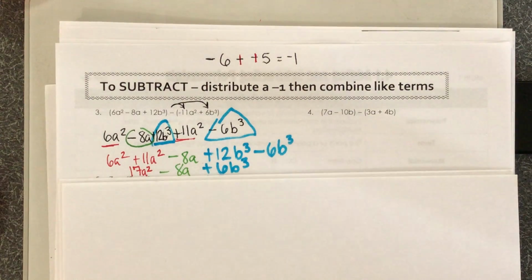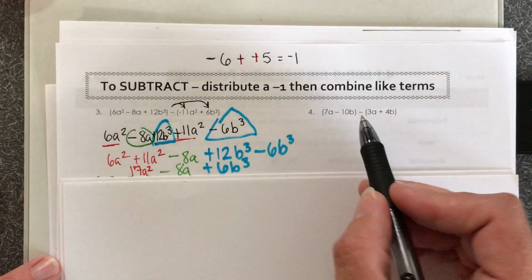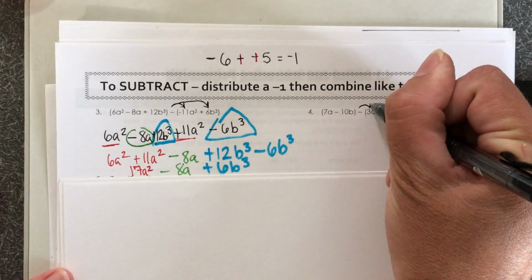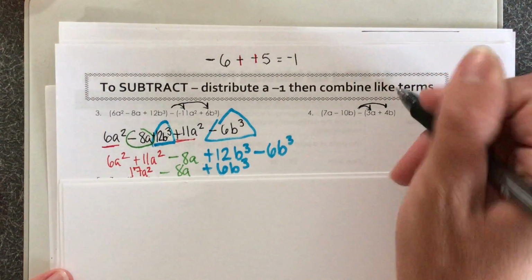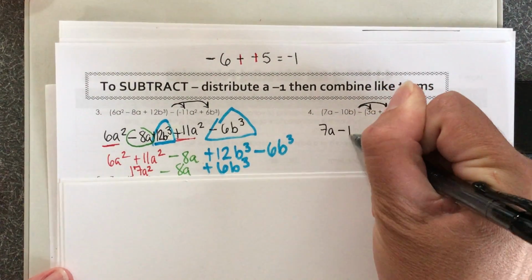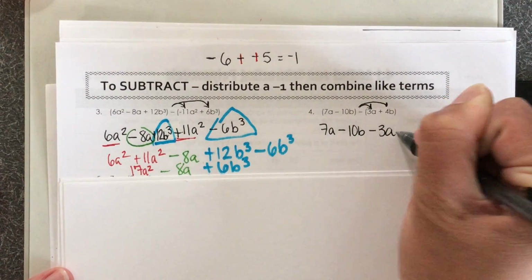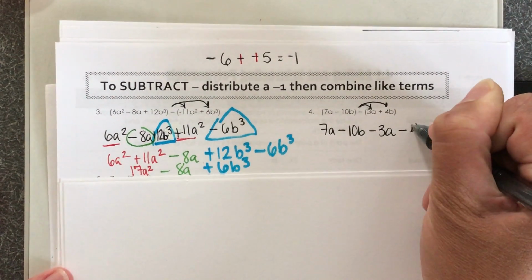So let's take a look at the next example. So here, again, I'm going to distribute my negative. I'm going to start by bringing down my first polynomial without my parentheses, so 7a minus 10b. Then this becomes minus 3a minus 4b.